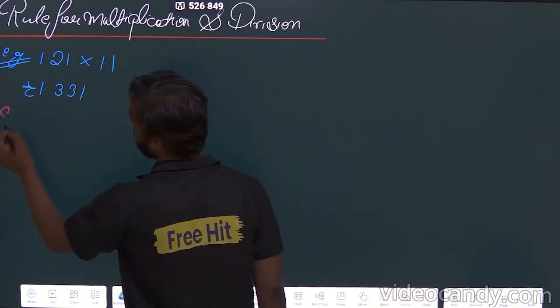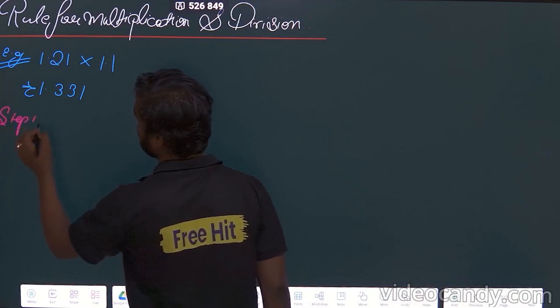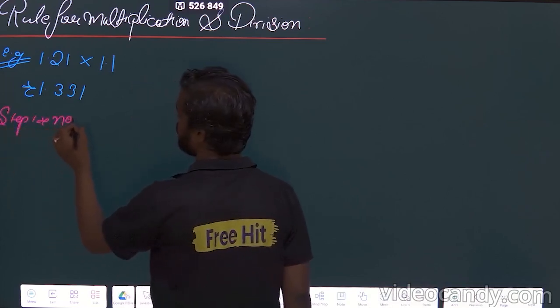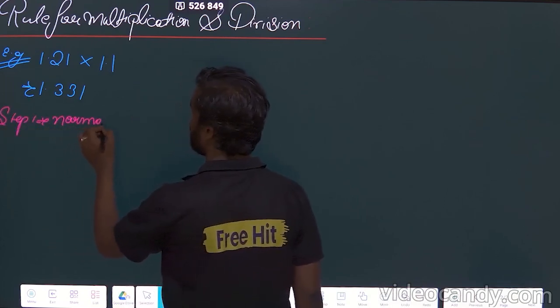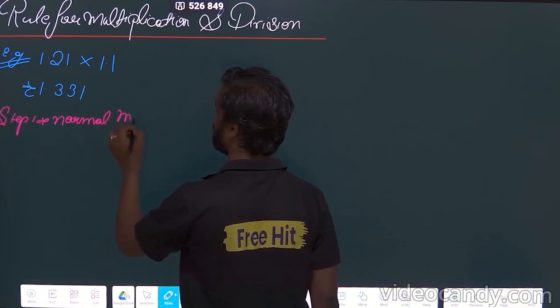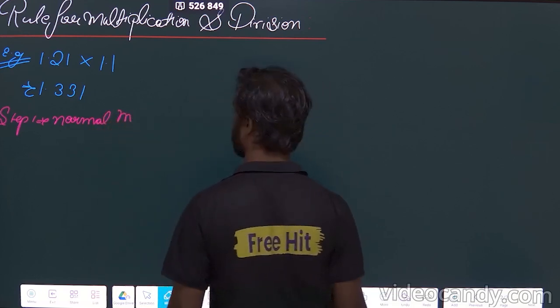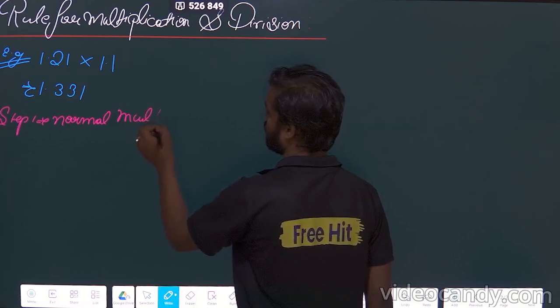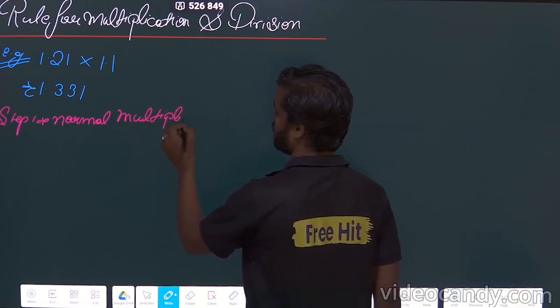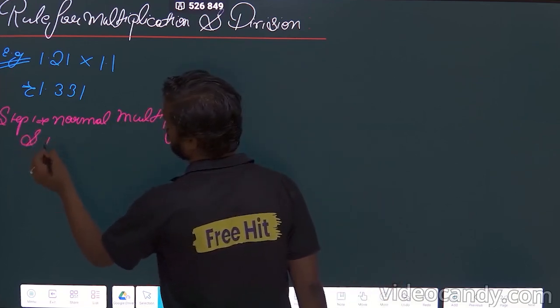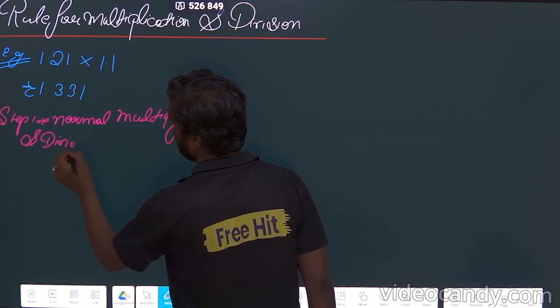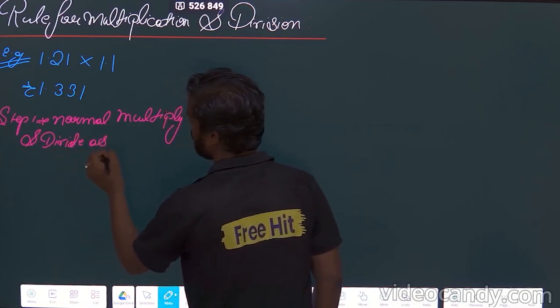So step 1 is the same, you have to simply do the multiplication, normal multiply or divide, whatever is given.